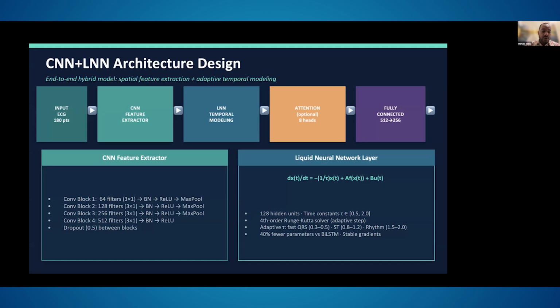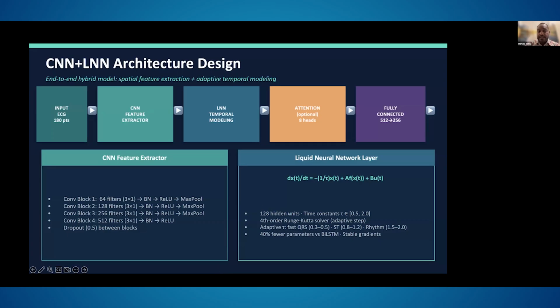We have 4 blocks of convolutional neural network with filters of 3 by 1, and we have batch normalization. We have used ReLU activation and max pooling. Then we have also used dropout of 50% of the neurons. We took the same approach for the LNN.